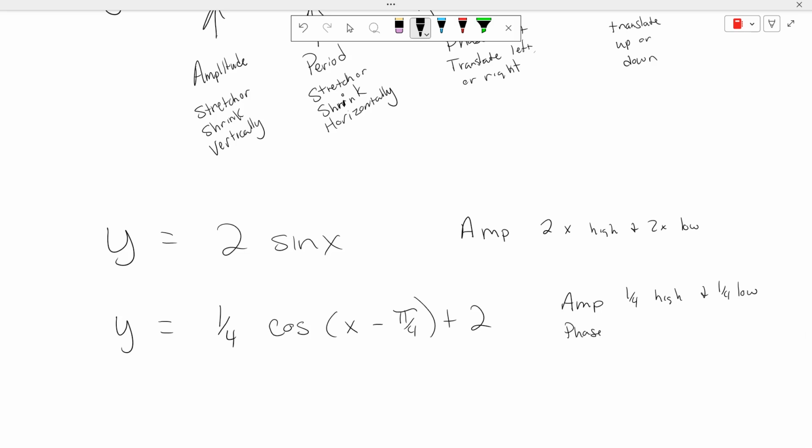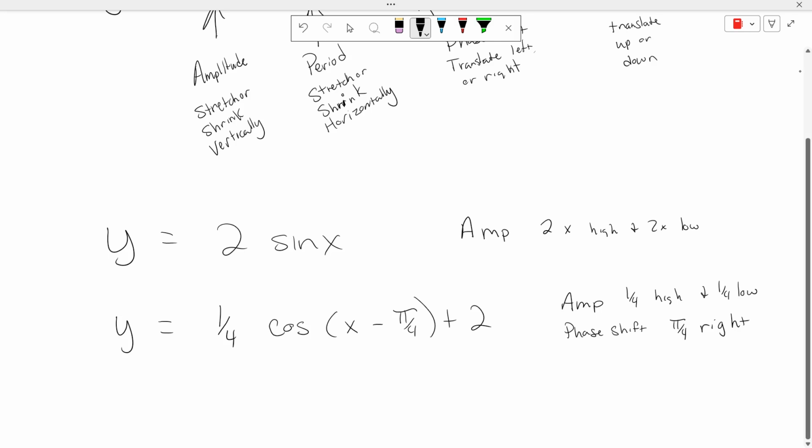The phase shift, we're moving it pi over 4. And since it happens on the inside of parentheses, it's the opposite of what you think. So when you see a minus pi over 4, you're actually shifting it right pi over 4, not left. So the phase shift is pi over 4 to the right.